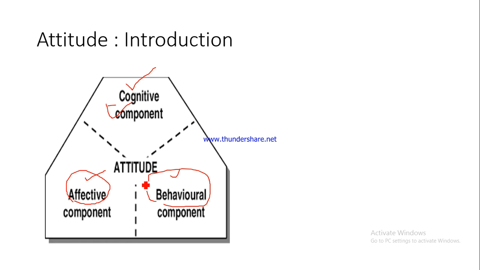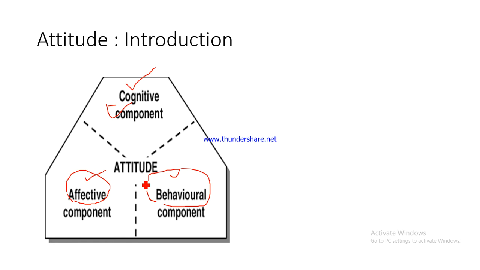Now one more thing I would like to talk about here is that attitude generally predicts behavior. For example, suppose you have a favorable attitude towards smoking, it is likely that you would like people who smoke. It is likely that your friends will be from among people who smoke, and you may yourself start smoking also because you have a favorable attitude.